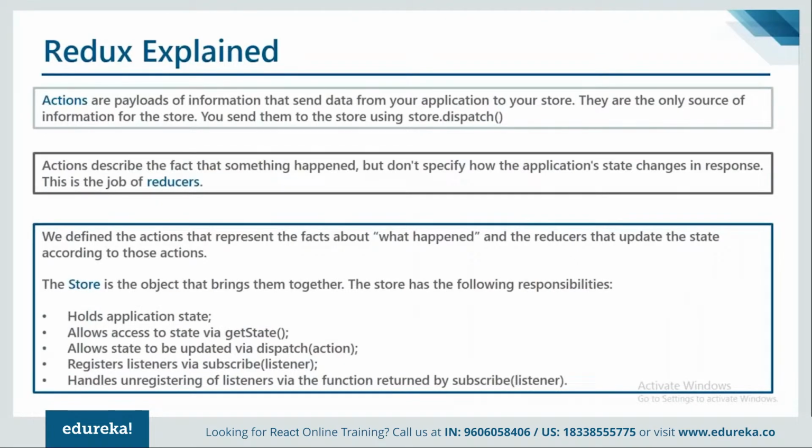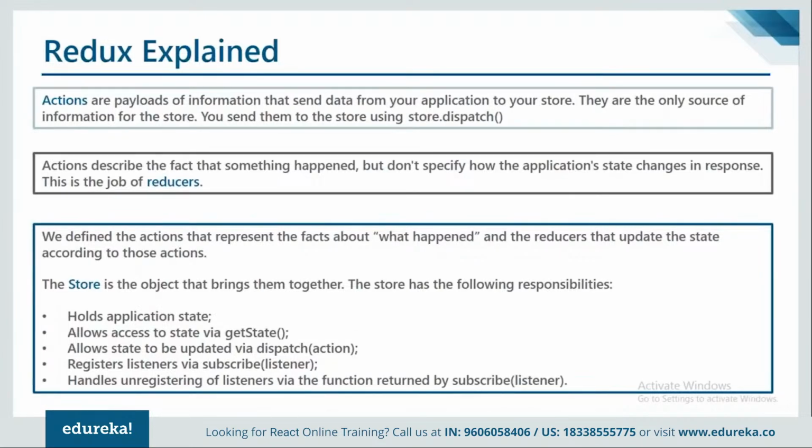So, whatever we have learned so far about the core principles, we have learned about the need for Redux. In Redux, actions are the most important thing, the first step. Actions are payloads of information which send data from your application to the store. In the later slides, when we talk about the data flow in Redux, we will see how action sends data from the application to the store. They are the only source of information for the store.